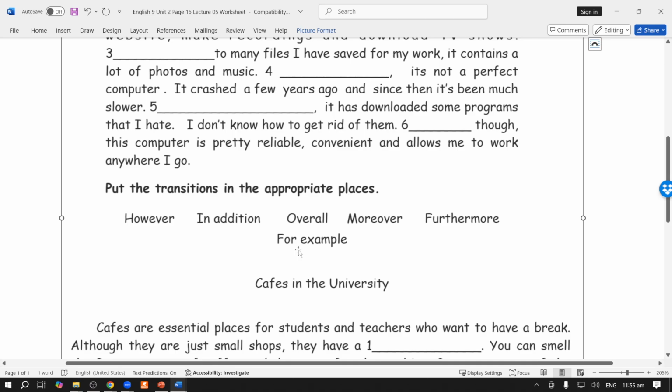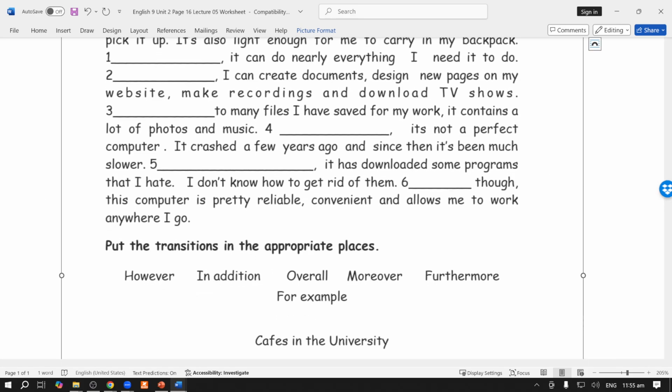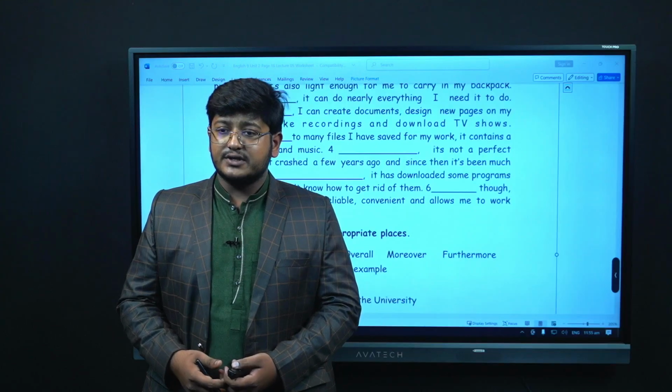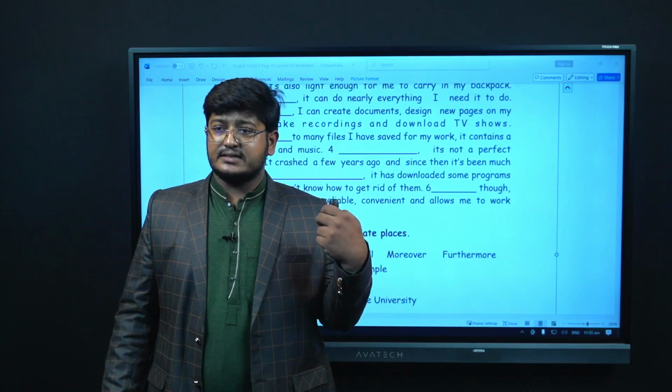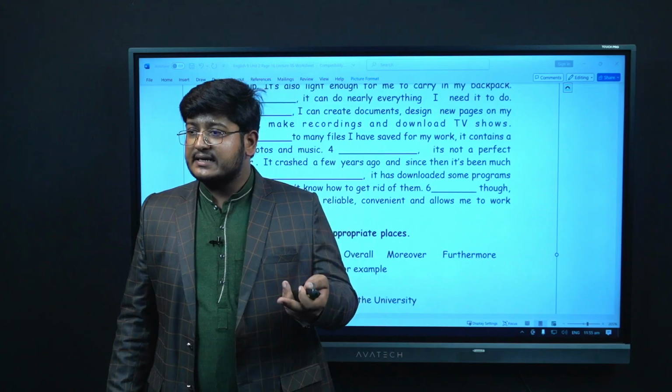Either it is however, in addition, overall, moreover, furthermore, or for example. So I'm asking a student, I'm asking a school, and let me ask one of you. So the Renaissance School, can you please unmute yourself, and any one of your students can try to answer this question? Yes, the Renaissance School.